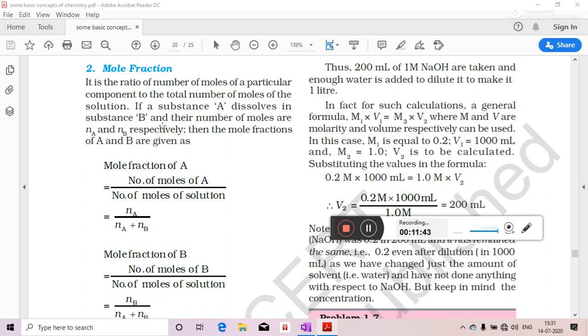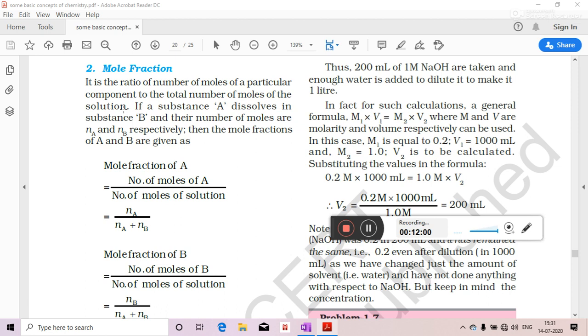Now second method to express concentration of solution is mole fraction. It is the ratio of number of moles of a particular component to the total number of moles of the solution.